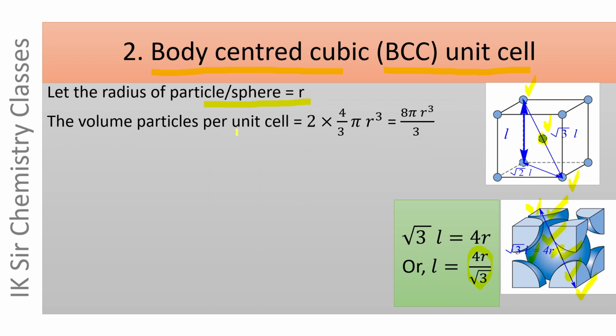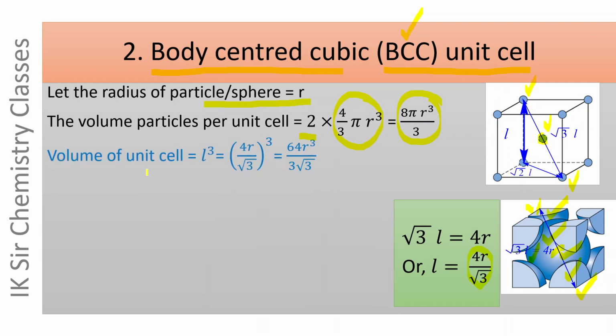The volume of particles per unit cell will be the volume of one sphere, 4 by 3 pi r cube, and the number of particles per unit cell in the BCC unit cell is 2, so it is 2 multiplied by 4 by 3 pi r cube, and it will be equal to 8 pi r cube divided by 3. This is the volume of particles per unit cell.